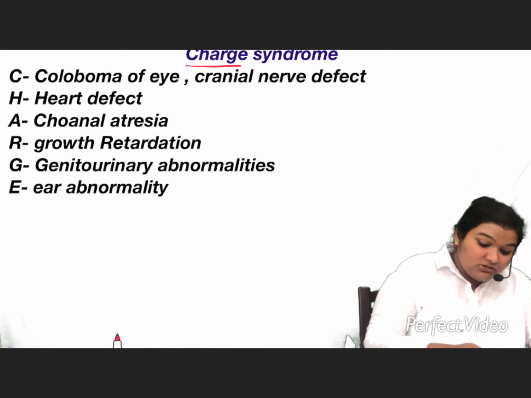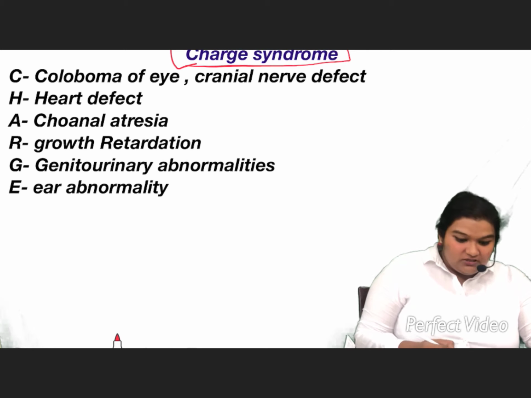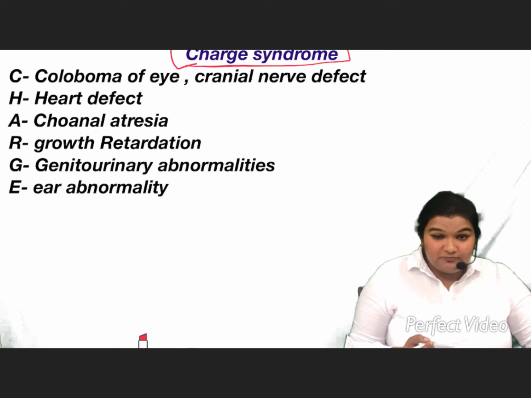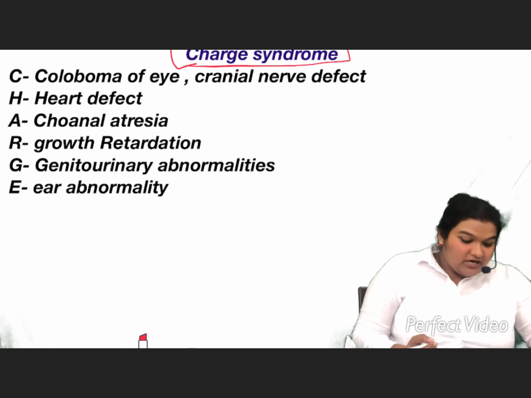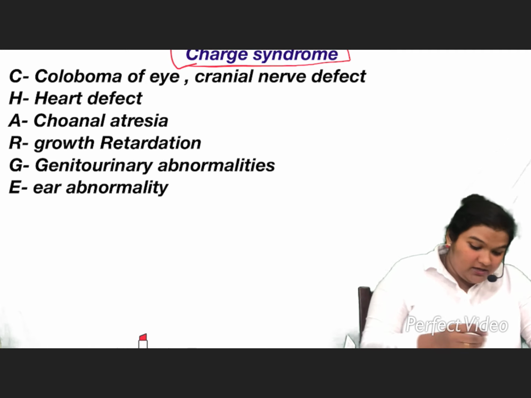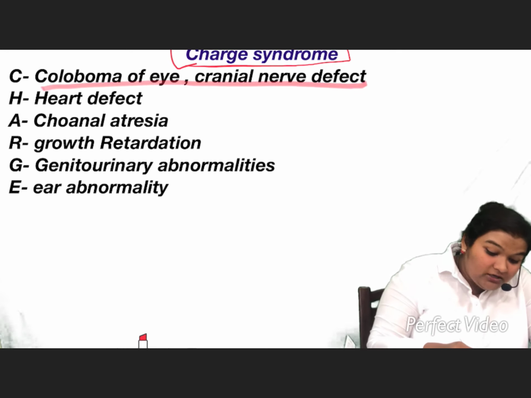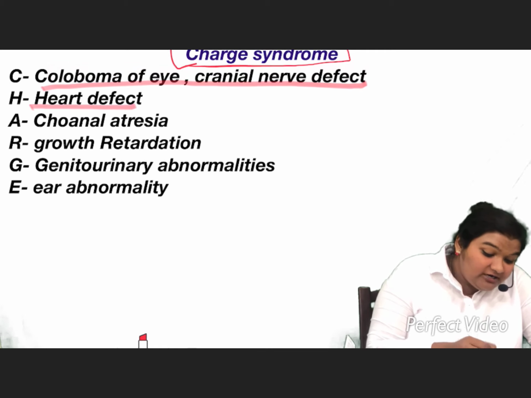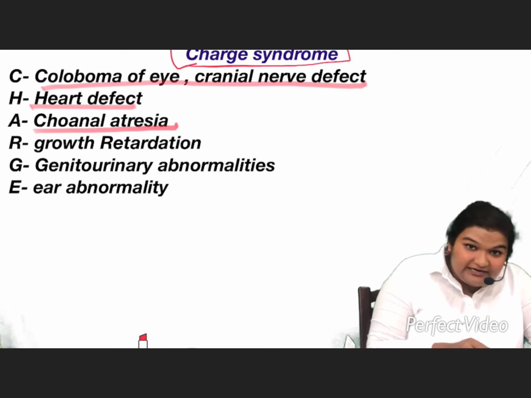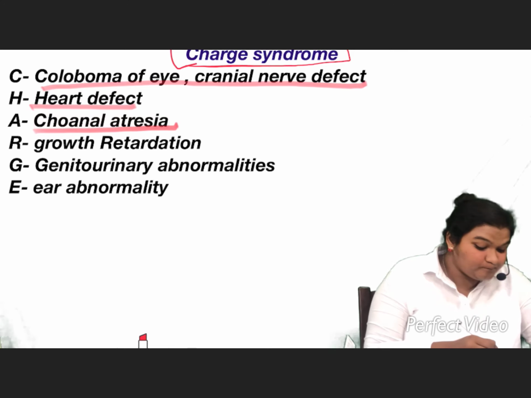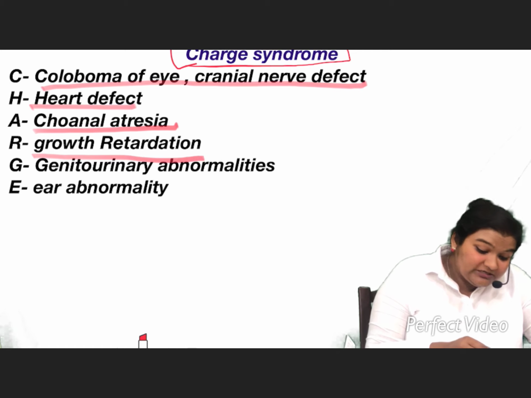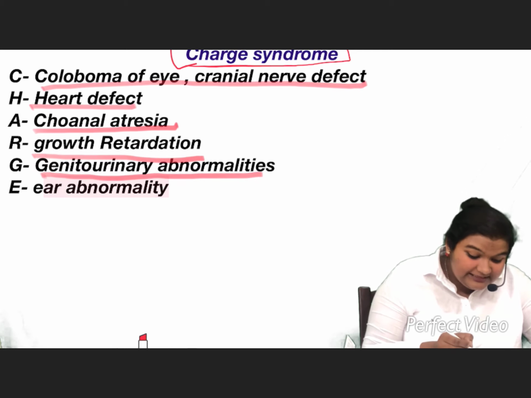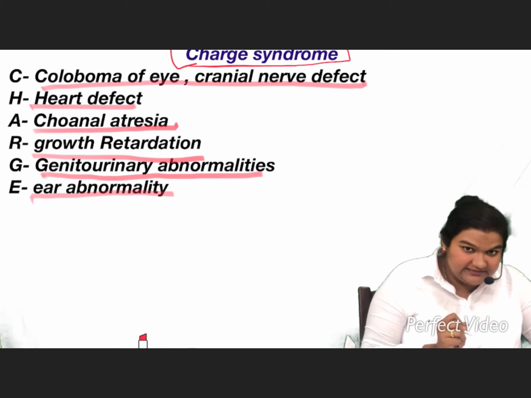So what are the different conditions present in CHARGE syndrome? C for coloboma of the eye or cranial nerve defect, H for heart defect, A for choanal atresia we have just seen, R for growth retardation, G for genitourinary abnormalities, and E for ear abnormalities.